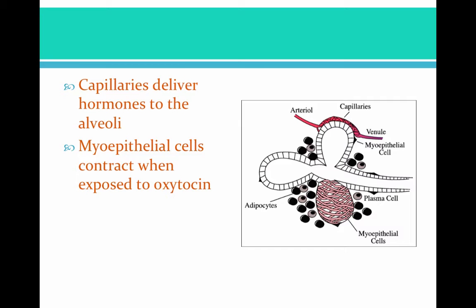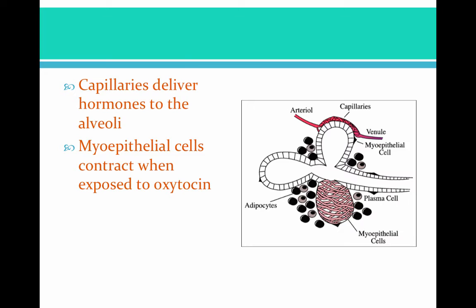Myoepithelial cells contract when exposed to oxytocin, so the baby nurses, and the oxytocin is released and travels to the alveoli and causes these myoepithelial cells to contract. It's this dense, basket-like pattern around the lobes.